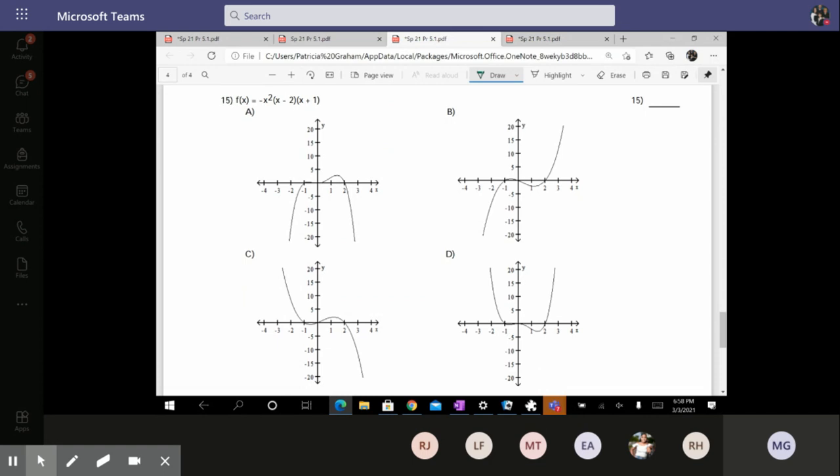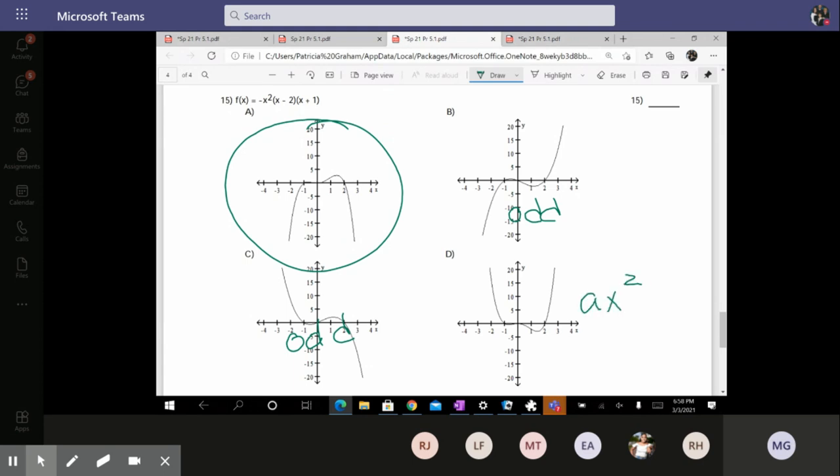So what's my end behavior on 15 going to be? This is odd. This is odd. And this one has a positive ax squared, not a negative. Right? Okay?